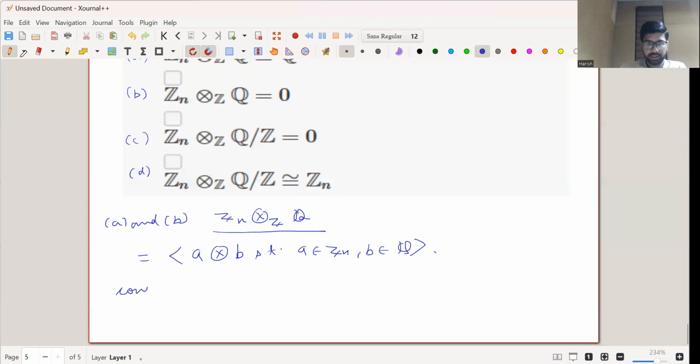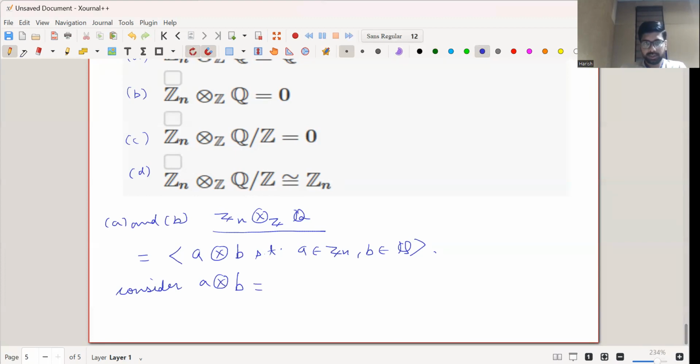So we consider A tensor B. So you just consider A tensor B.